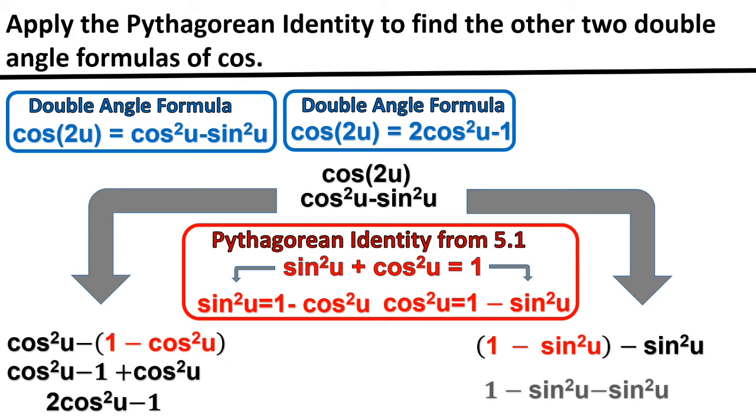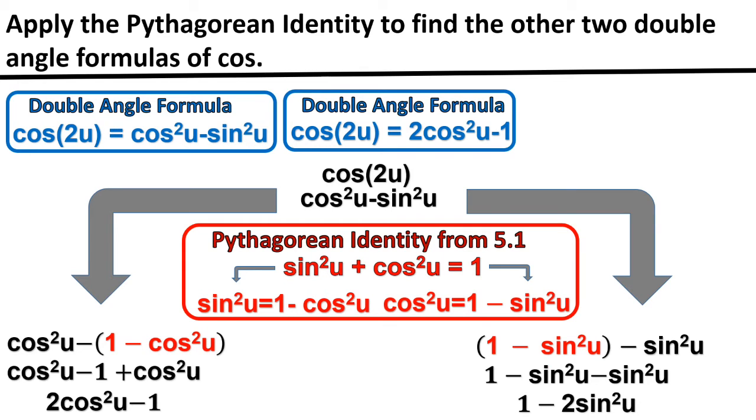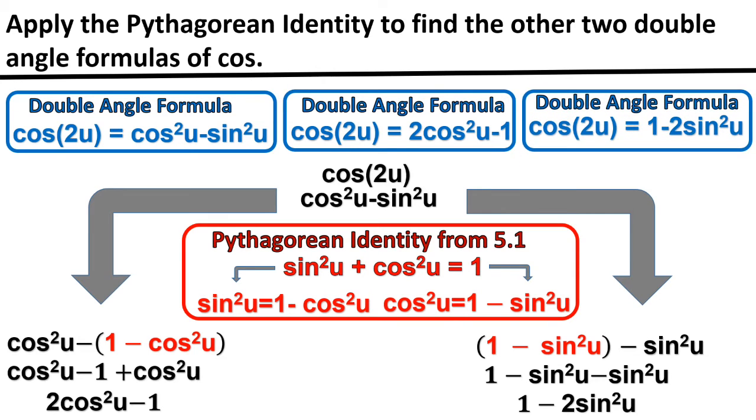Simplifying and combining like terms, we get 1 minus 2 sine squared of u. This is the third double angle formula for cosine. There are three double angle formulas for cosine. Having three double angle formulas for cosine will save us a few steps when using it to solve equations in the future.